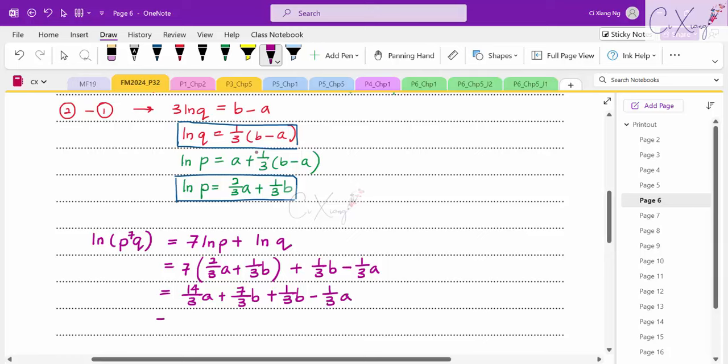If you simplify everything, you will be having 13 over 3a and also 8 over 3b. So I can factorize out the 1 over 3, then I'm having 13a plus 8b here. Okay, so this is how we solve question number 4.